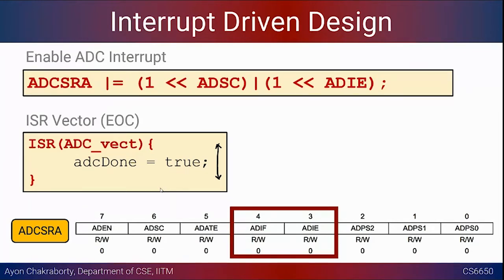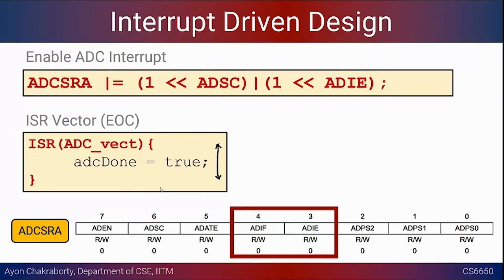That's all, you flip the flag. Otherwise, this ADC done could be perpetually in the false mode. Only when a conversion is required, and whenever the conversion is finished, I just make ADC done equal to true and read the value, and then I can make it false again, where I am handling a reading of the value.